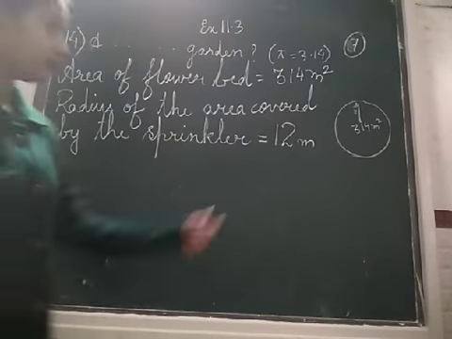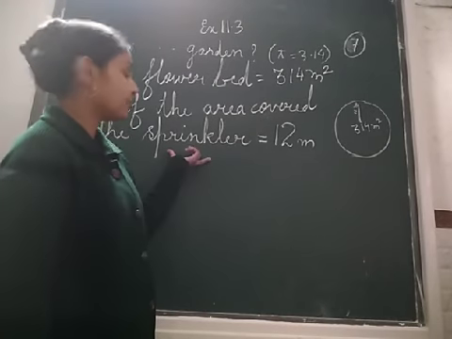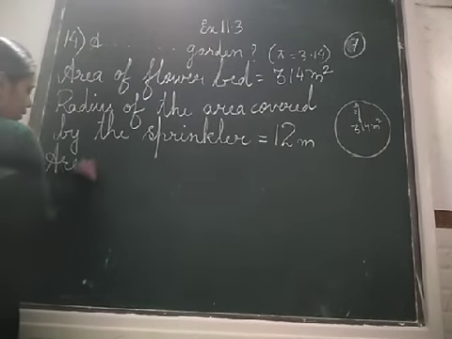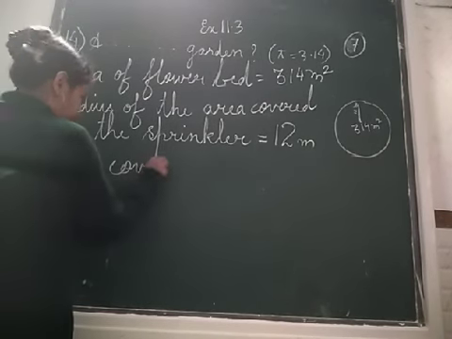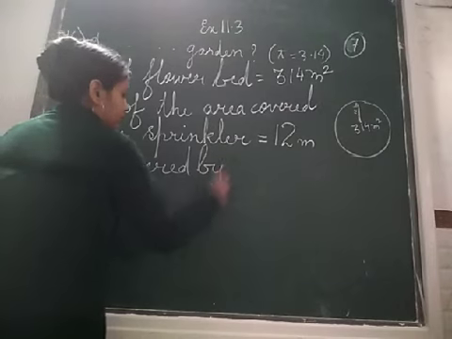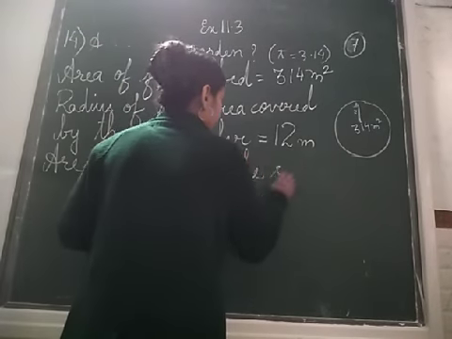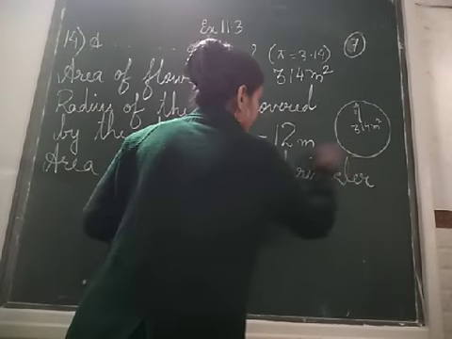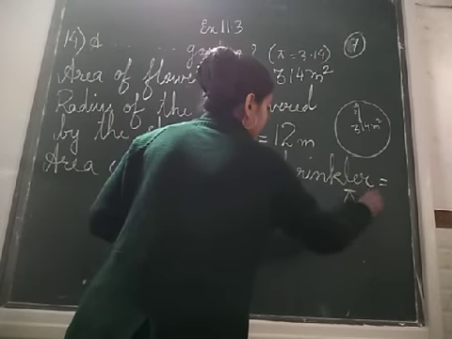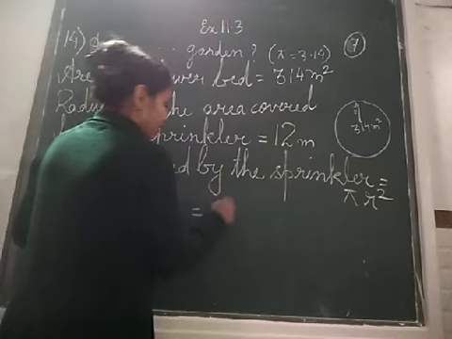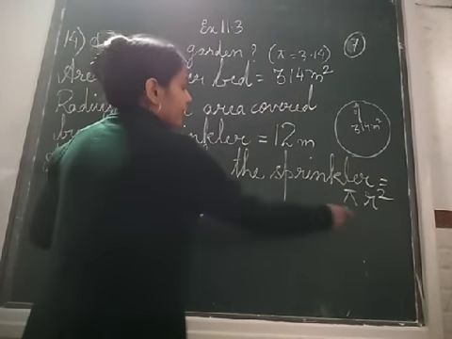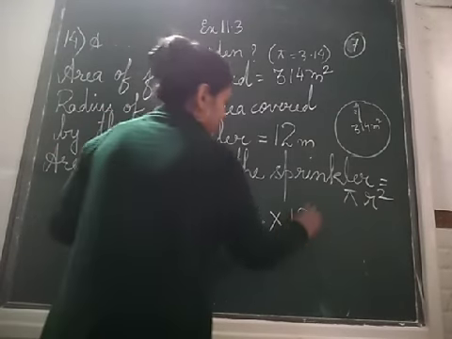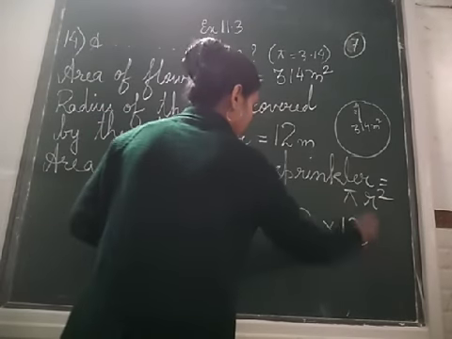Now what do we have to find out? We have to find the area which is being covered by the sprinkler, which is equal to pi r square. Now it's already written, take the value of pi as 3.14, into 12 into 12.